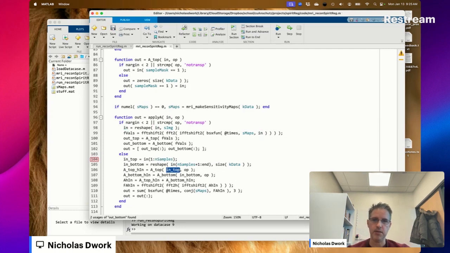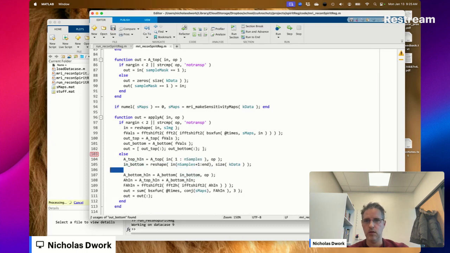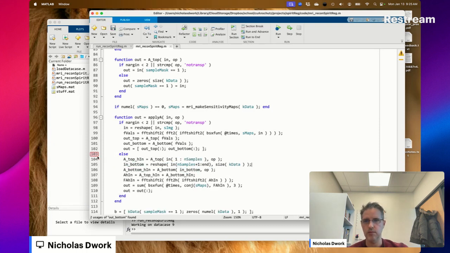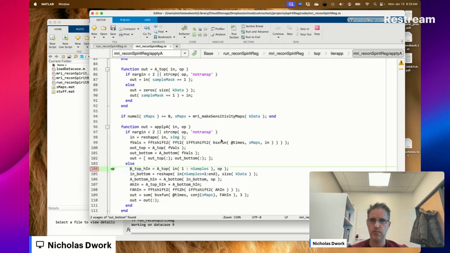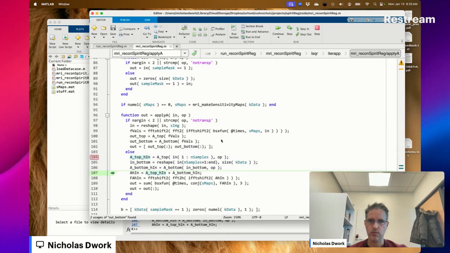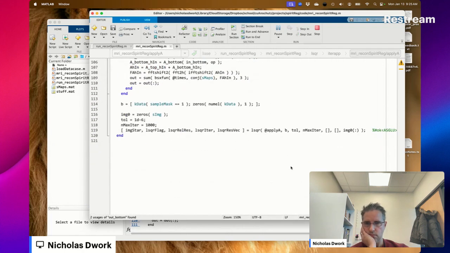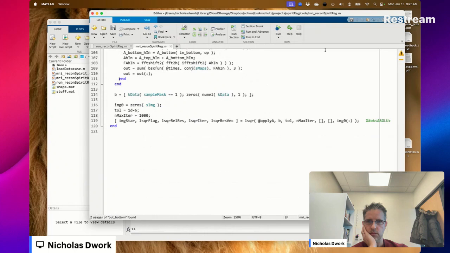We don't actually have to make that copy, so I'm not going to. Okay, moving on. I'll put an image star.